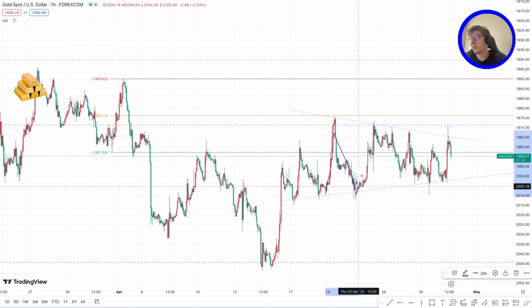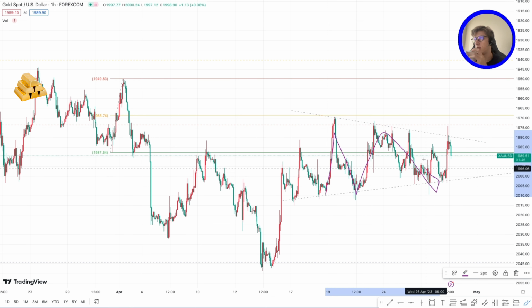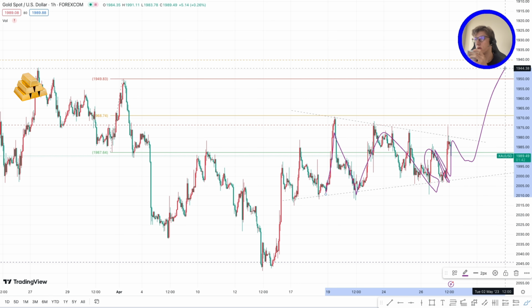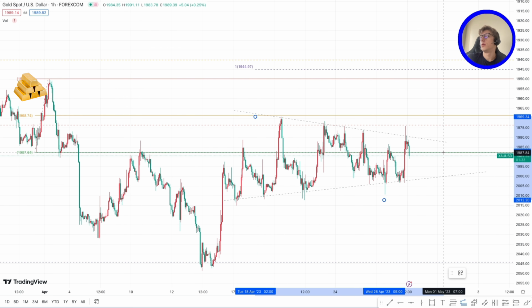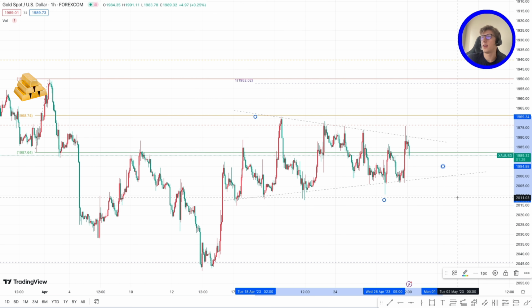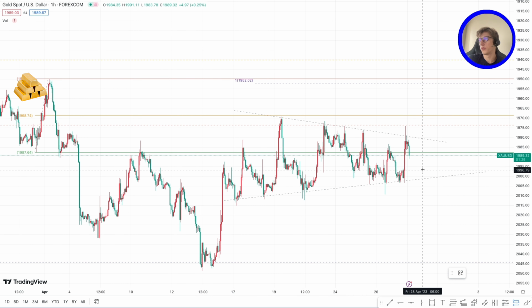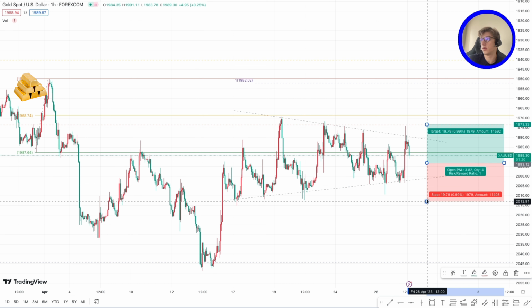So pattern, first impulse, second impulse. This can count as the third, but I think we're going to make a third impulse here and then go. The target is about, I'm targeting 1950 around there. So on the risk to reward, I got already some entries here. I'm gonna take a couple more. That's my average entry price.